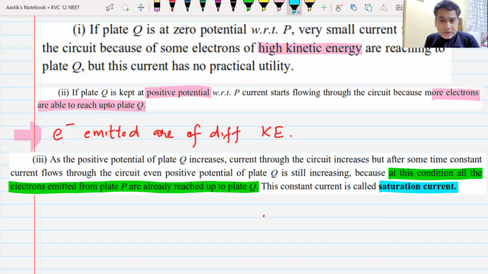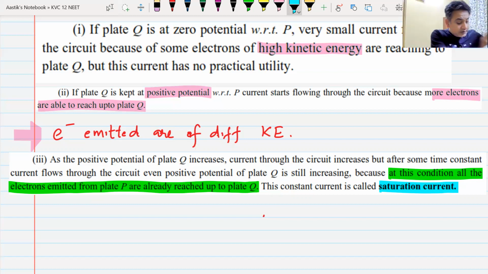So if I keep the plate at the same potential, some electrons reach. If I increase the potential, more electrons reach. But if I keep on increasing the potential, at one point the current becomes constant. That current is known as the saturation current. Do we understand this? Yes or no?